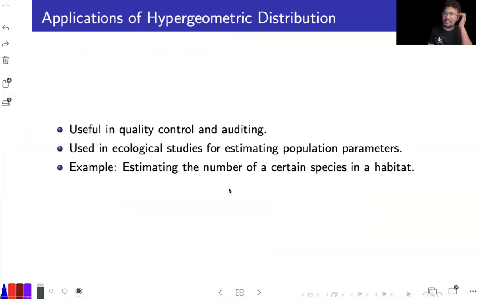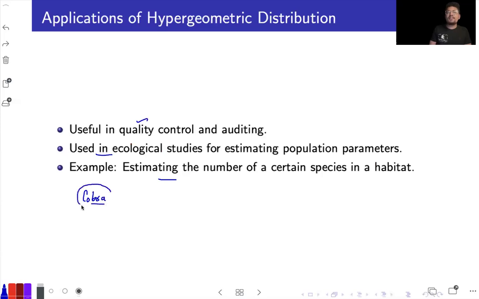If you go for applications, all the examples that we covered were majorly about quality control. It is also used in ecological studies for estimating population parameters. The example can be like estimating the number of certain species in a habitat. So in a particular place, if you have to get an estimate, out of the complete population, maybe we are looking for some particular kind of cobra in a particular habitat.